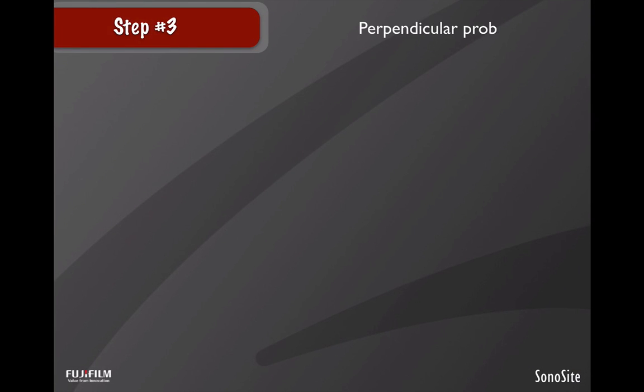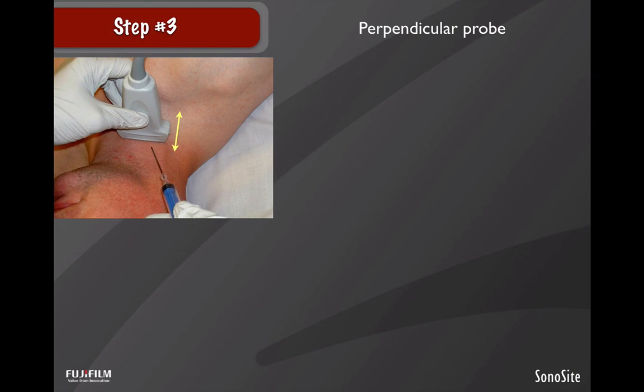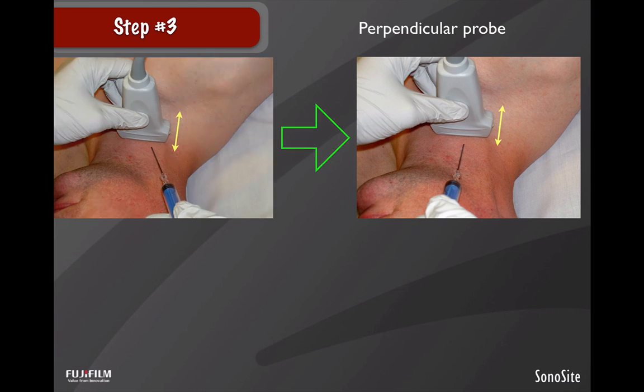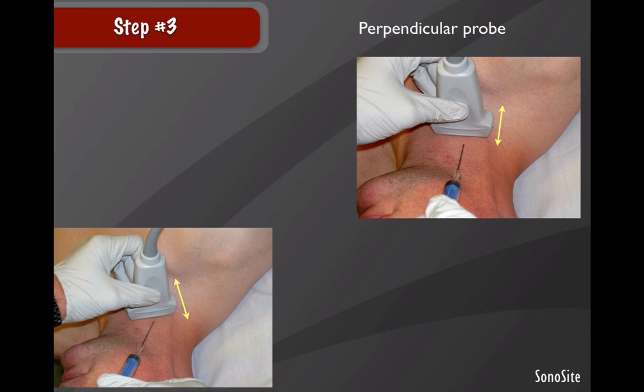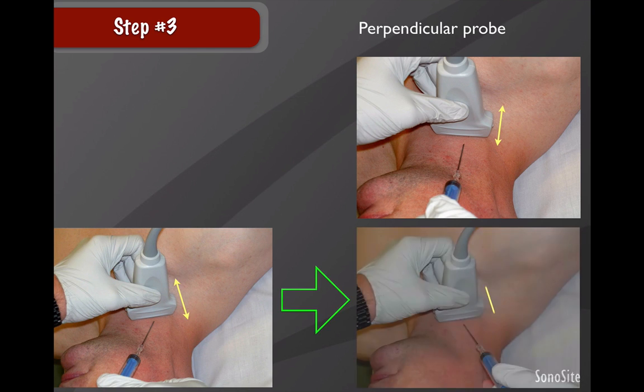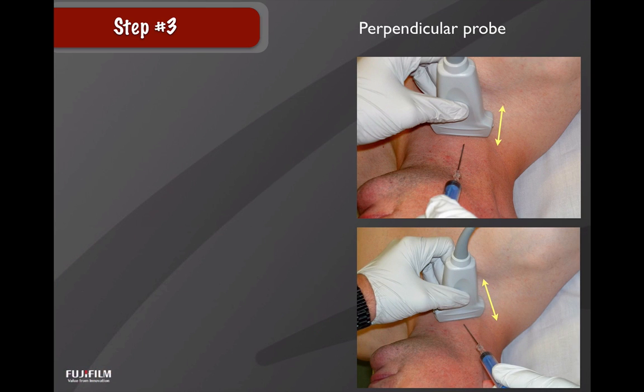So again, step 3, perpendicular to that probe. When you scan up and down the neck, you know the direction of the IJ, so come in the same plane and come in nice and steep. Same idea: if the IJ runs in an odd direction, come in that same direction, parallel or right on top of it.